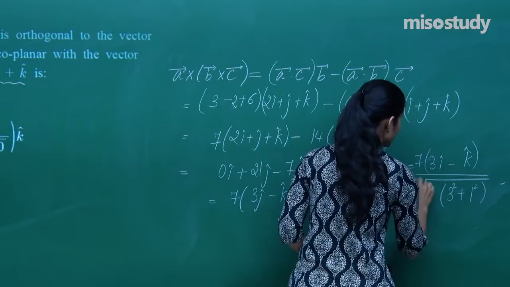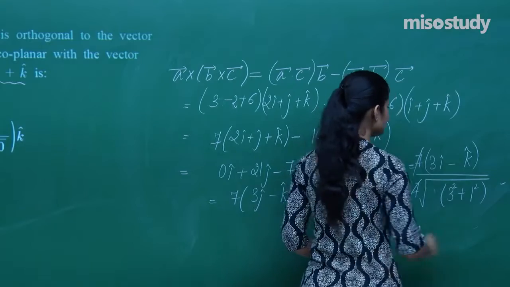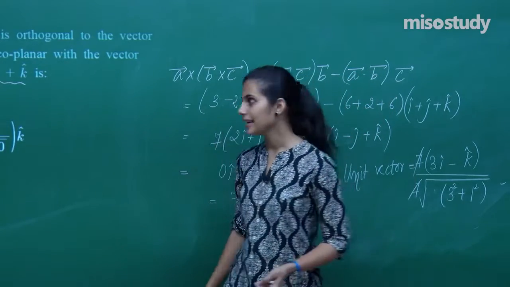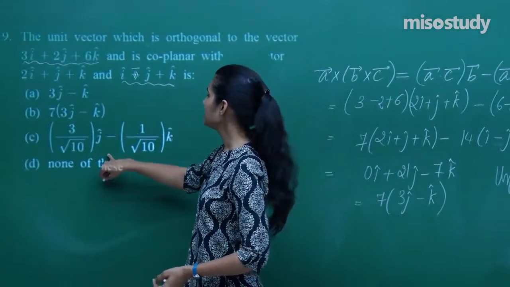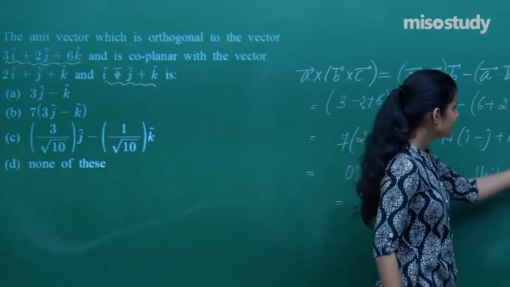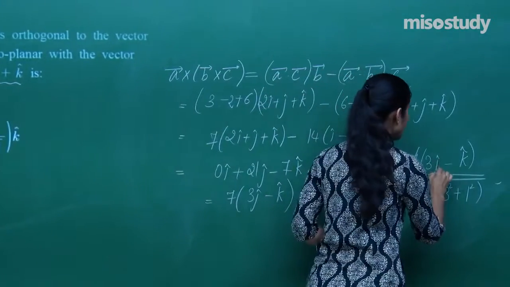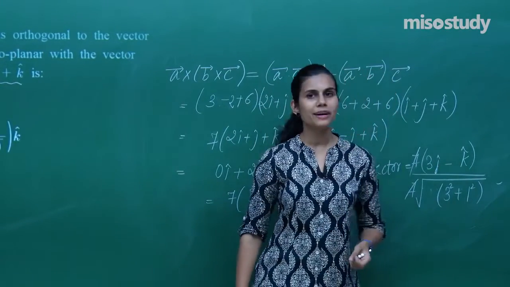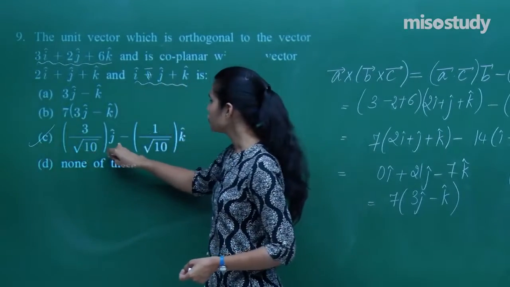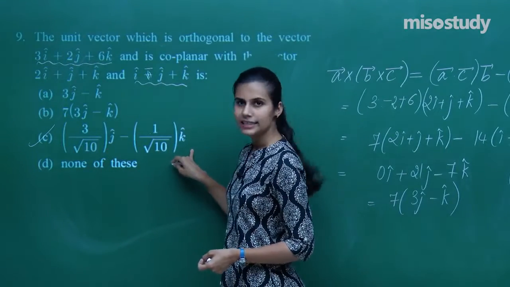When it comes out of the square root, it becomes 7. This gets cancelled. So you get 3 by root 10 j cap, not i cap but j cap, because i cap has become 0, minus 1 by root 10 k cap.